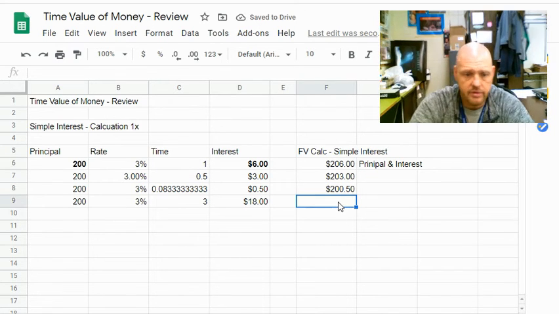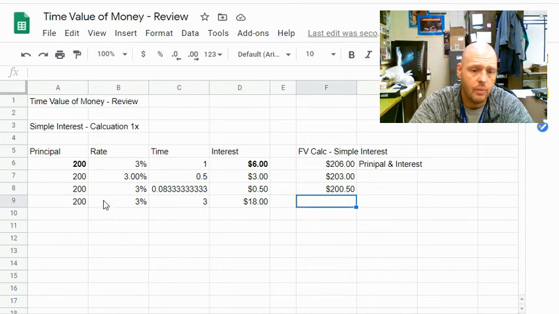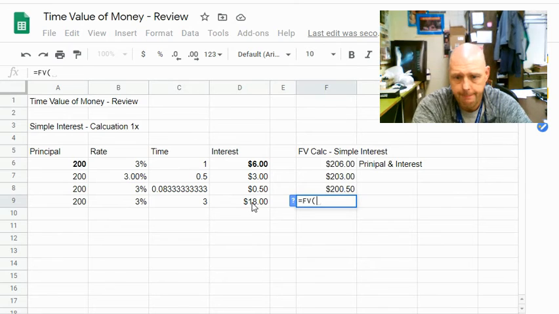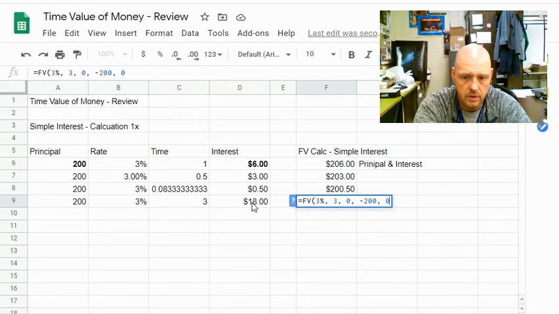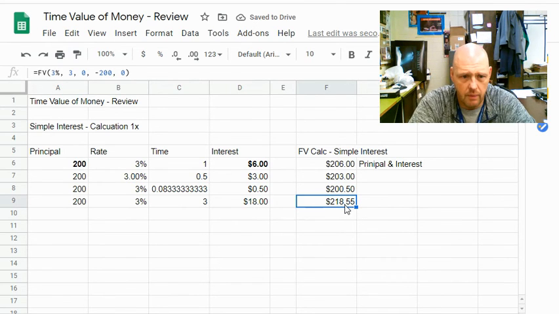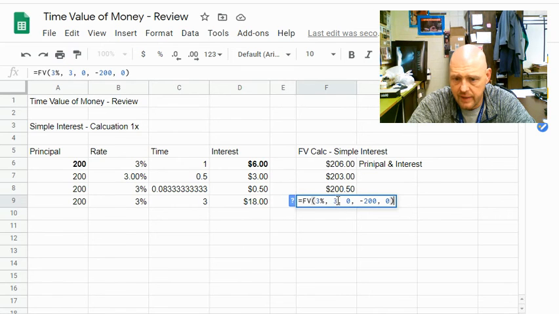Lastly, on simple interest, I'm going to go ahead and try and do this one that's longer than a year. So future value, I'm going to do it wrong on purpose. I'm going to take 3%, and I'm going to say, well, I'm going to leave it in there for 3 years. 0, minus 200, 0. Somehow my math doesn't work out. The reason my math doesn't work out is this second number, this N per, is how many times you're doing the calculation.